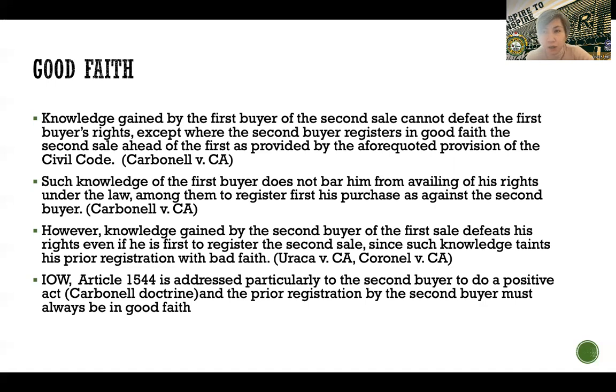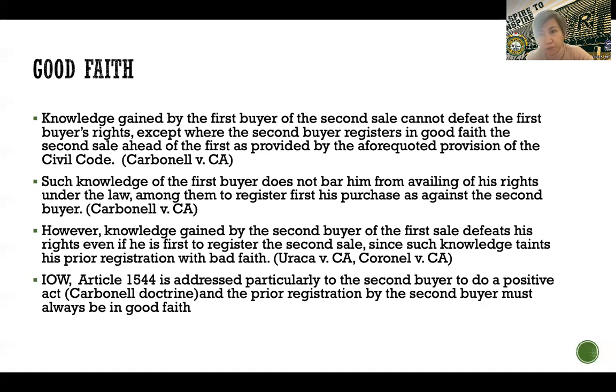So the knowledge, however, guys, acquired by the first buyer does not bar that first buyer from availing of his or her rights or remedies under the law. Among them, to register first his purchase as against the second buyer.